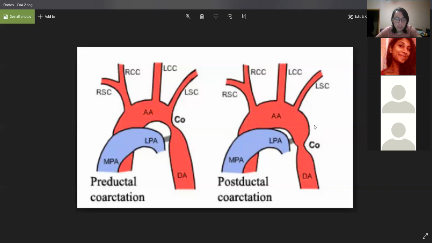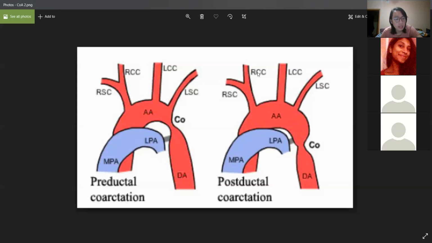Now, because blood flows through the narrowing, over time there will be collateral perfusion, not just in your subclavian system, not just in your carotid, not just in your brachiocephalic circulation, but also in your heart. Over time, we will try to compensate for that.